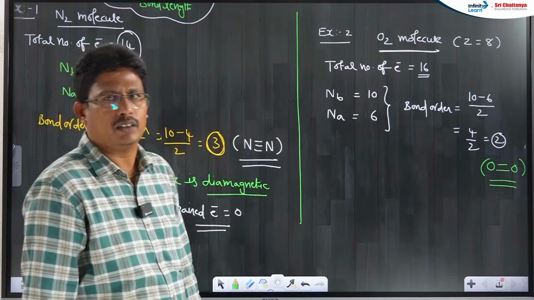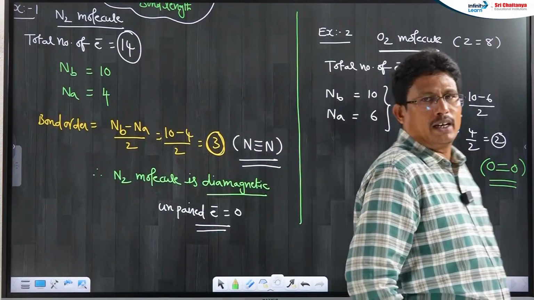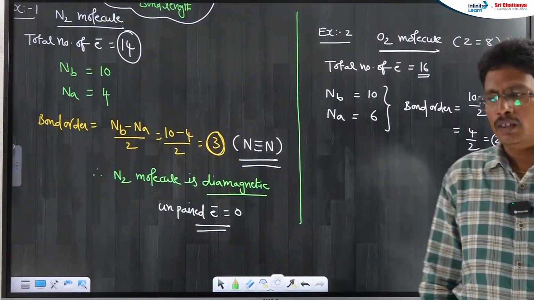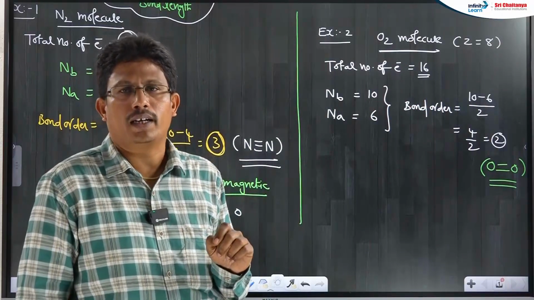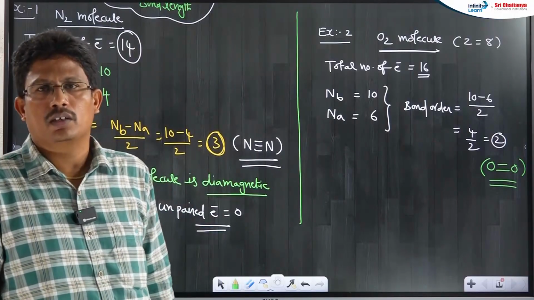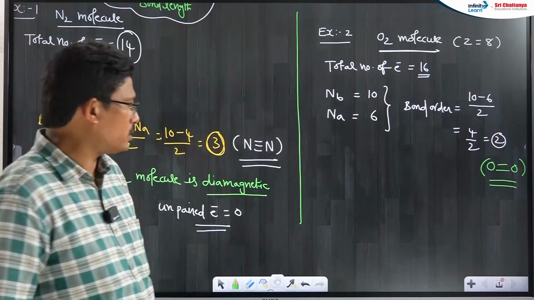What about magnetic behavior of O2? If you observe the configuration of O2, O2 molecule has two unpaired electrons in anti-bonding orbitals.